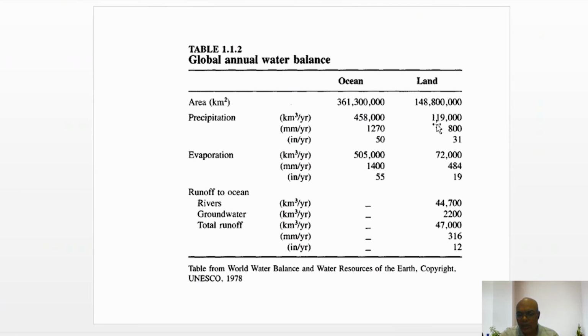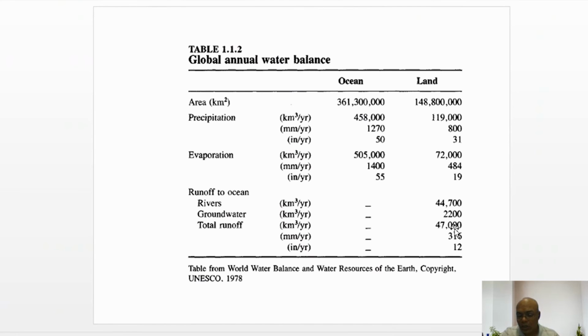From that, 72,000 goes back as evaporation to the atmosphere, so the remaining water is around 47,000 kilometer cube per year, and this goes to oceans.